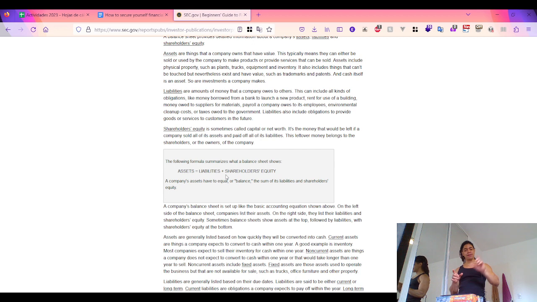So while the net income from the income statement can tell you whether a company made a profit, the cash flow statement can tell you if a company generates cash.